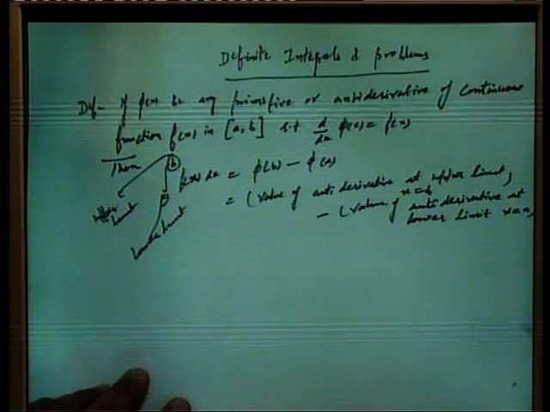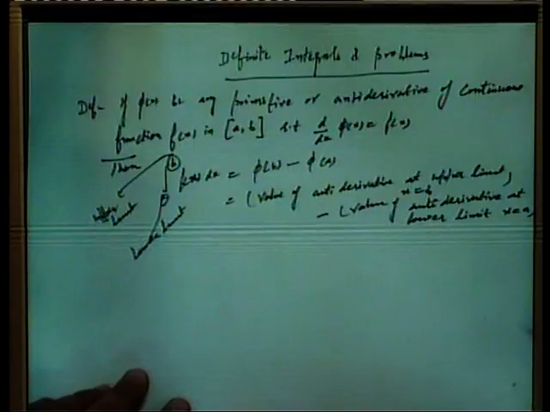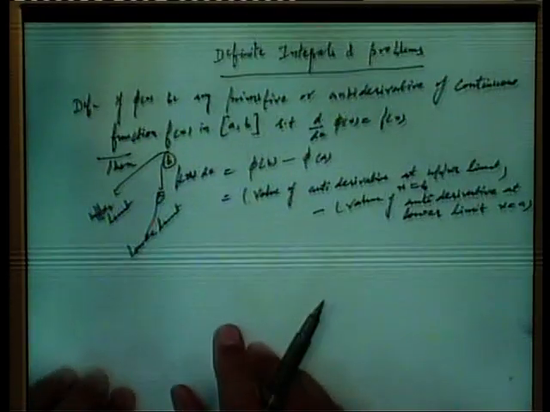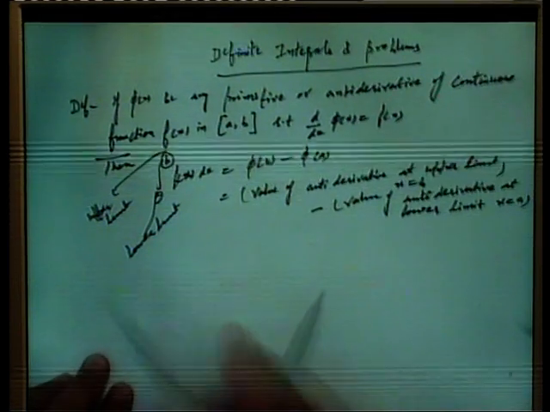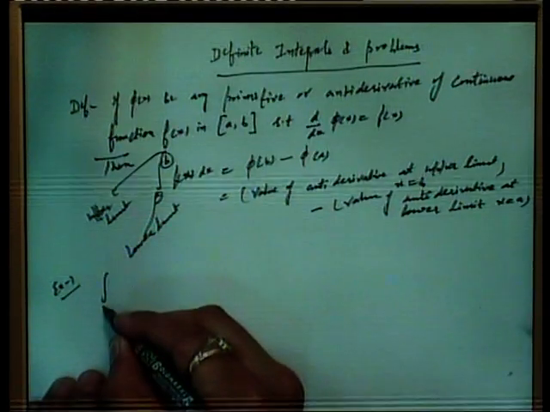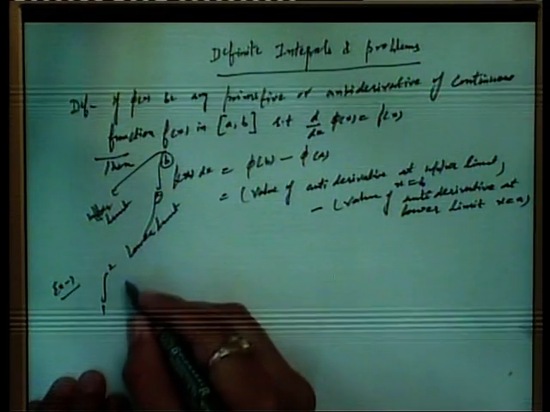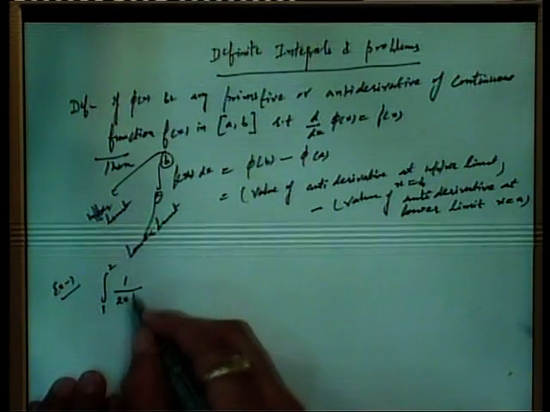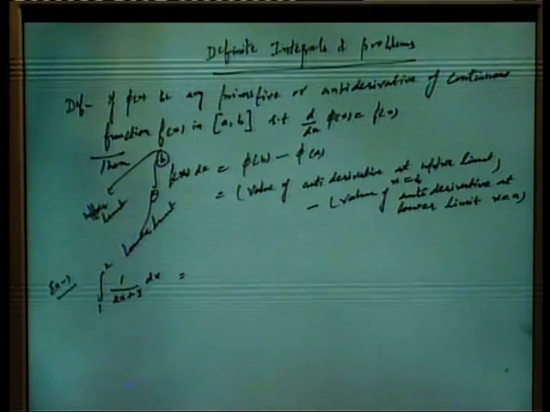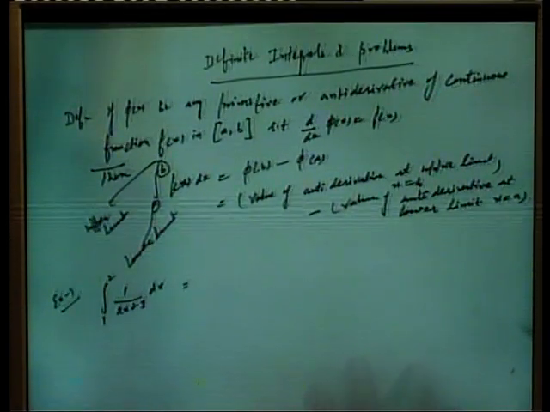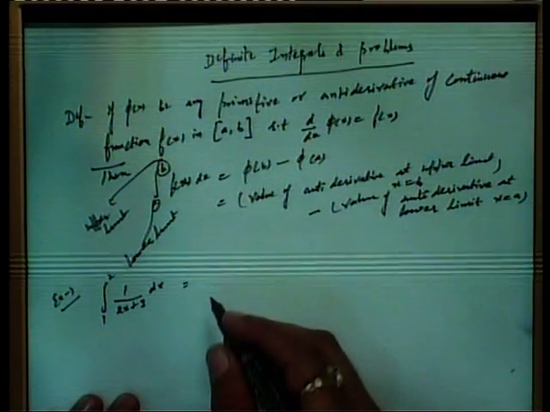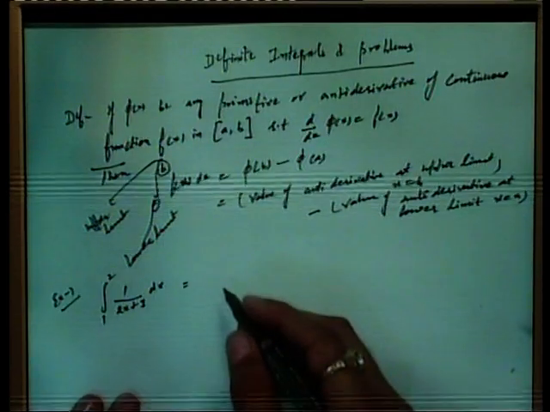Now the concept of definite integral can be understood with the help of some examples. You can say by using direct integration. Now let us take an example of a very simple function, that is integral from 1 to 2 of 1 over 2x plus 3 dx. As you know, in the indefinite integral, the integration of 1 by x is log x.